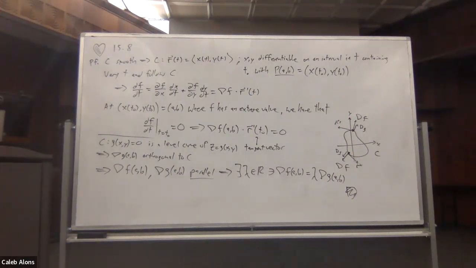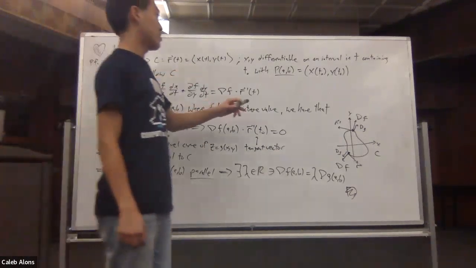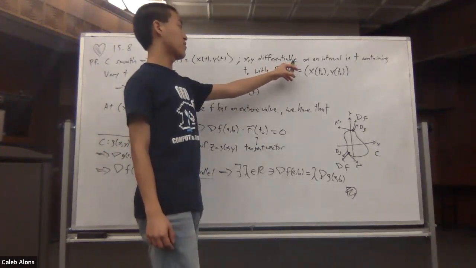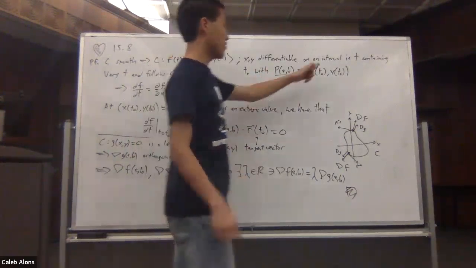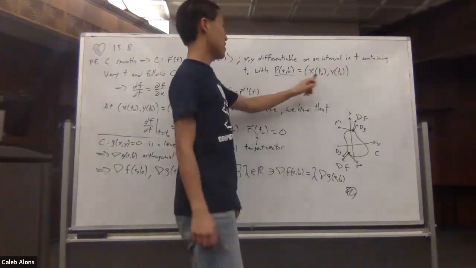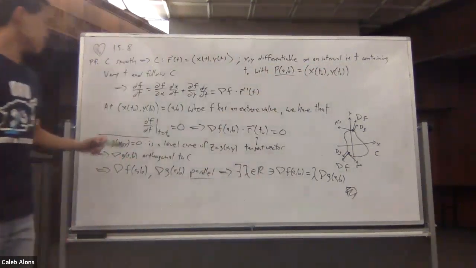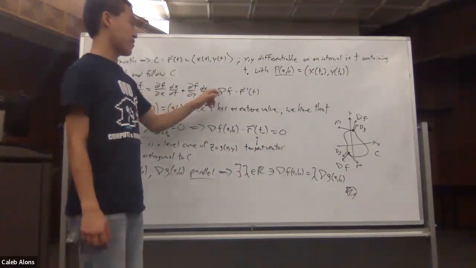And this is where you really see how Calc 3 feeds on itself. Chapter 13. Differential, so chapter 15 and 14. Integral on a point parameterization, Calc 2. Chain rule, chapter 15. Gradient, chapter 15.